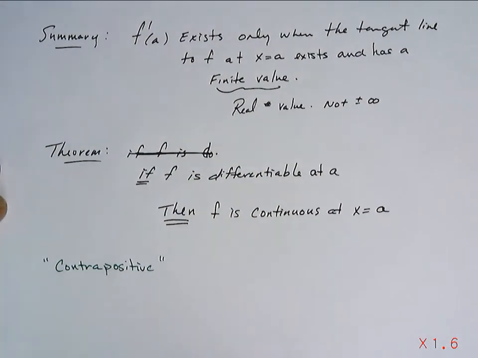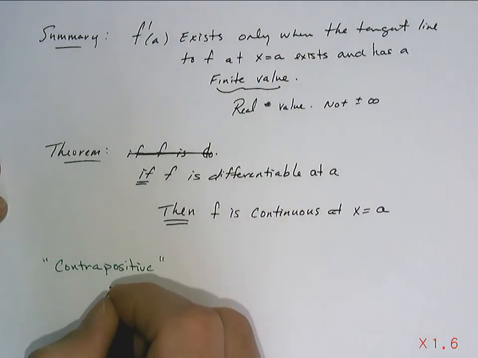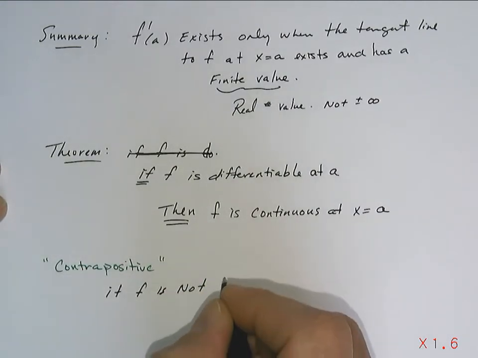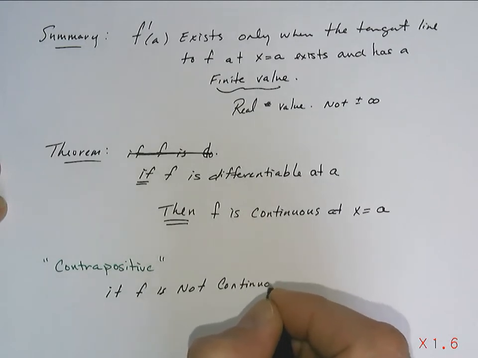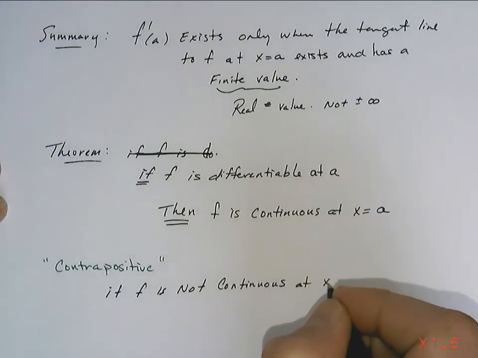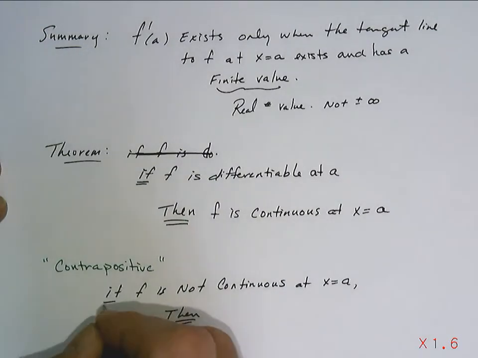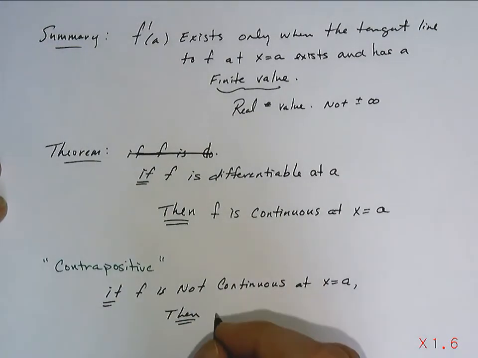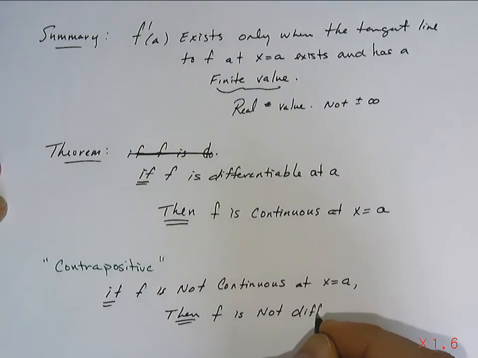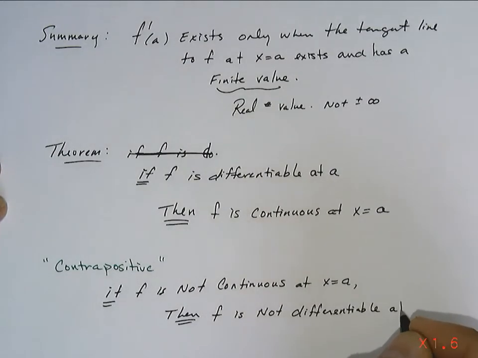The contrapositive statement to this if-then is if f is not continuous at x equals a, then, there's your if, then f is not differentiable at a.